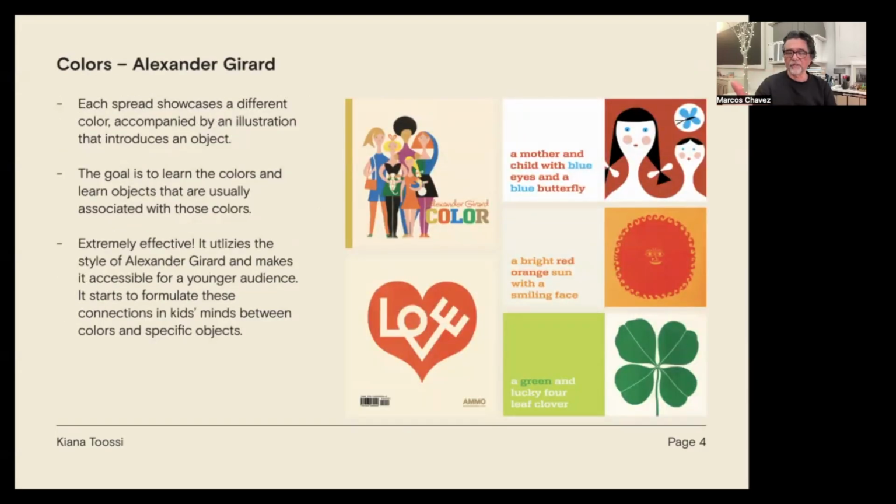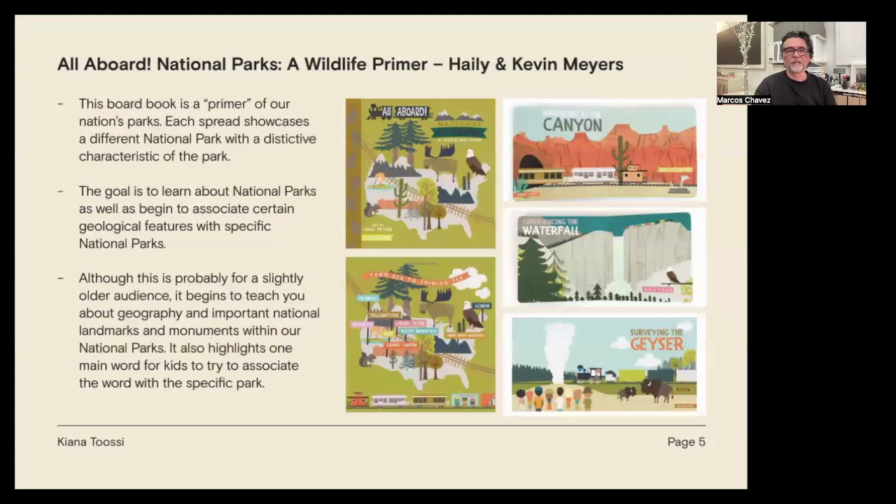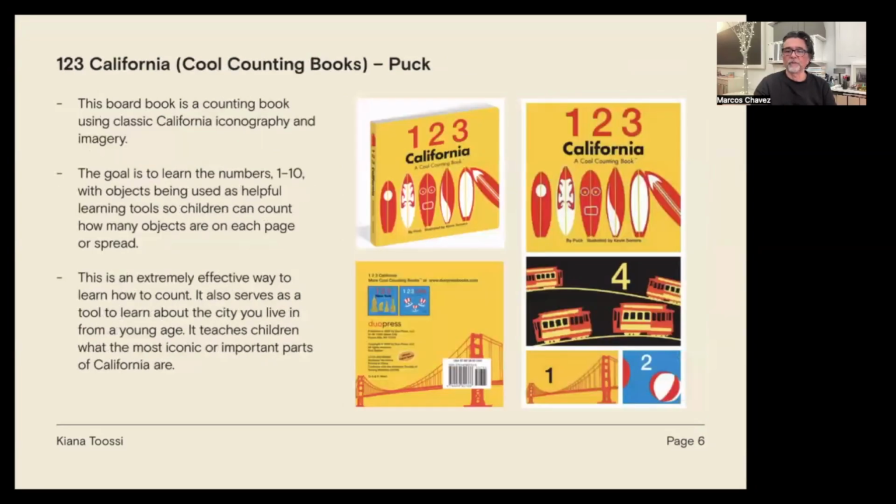So showcase a book like we see here, the book Colors by Alexander Gerard, and try finding a unique book that is for kids but also has this kind of sophisticated design that attracts adults. And this is a book on national parks that showcases a unique illustration style. And then a book on California surfing.